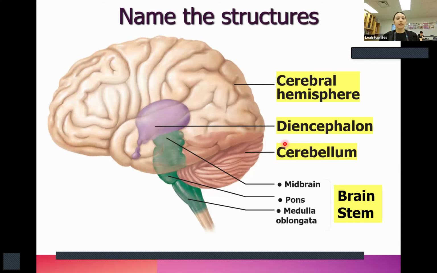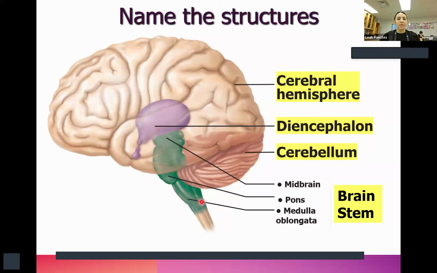And then some more labeling of the brain. Again, we have our cerebral hemisphere, our diencephalon in here, and then again, our cerebellum. Again, the arbor vitae being inside the cerebellum. And then what makes up our brainstem is the midbrain, our pons, and our medulla oblongata.